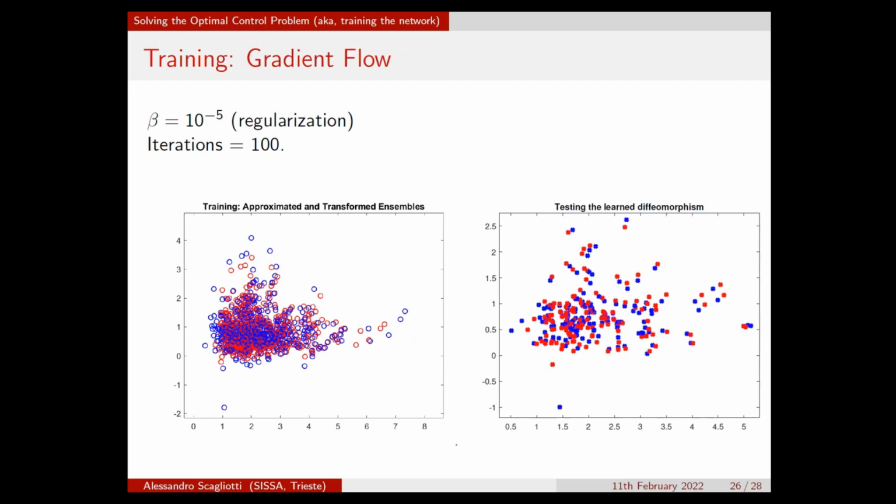In the testing, I essentially took some new initial points, and I transformed them through the unknown diffeomorphism, obtaining the blue crosses. Then I did the same with the diffeomorphism provided by the approximation, and I obtained the red crosses.